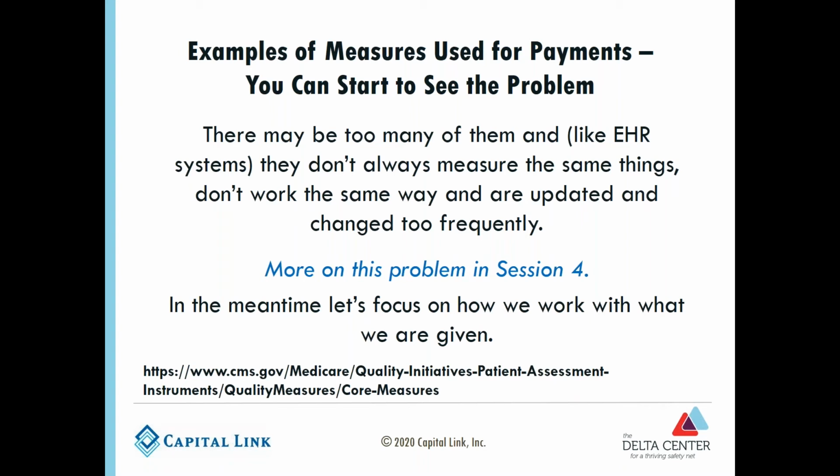A lot of the measures used for payment should be tied to the type of patient services, the type of patient care you're providing. If you're in an area that has a lot of diabetic patients or a lot of asthmatic patients, a lot of your measures are probably going to be tied to those. But there's just a wide array of them, and we just want you to be aware that there's many of them. They change frequently. They vary state to state. When we get into session 4, we're going to make some assumptions and put together some examples, assuming some of these different payment methods. Next, please.